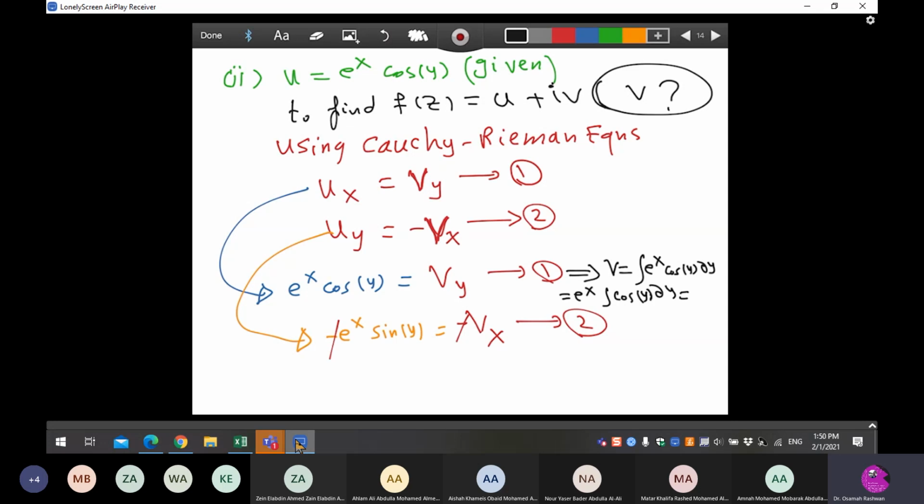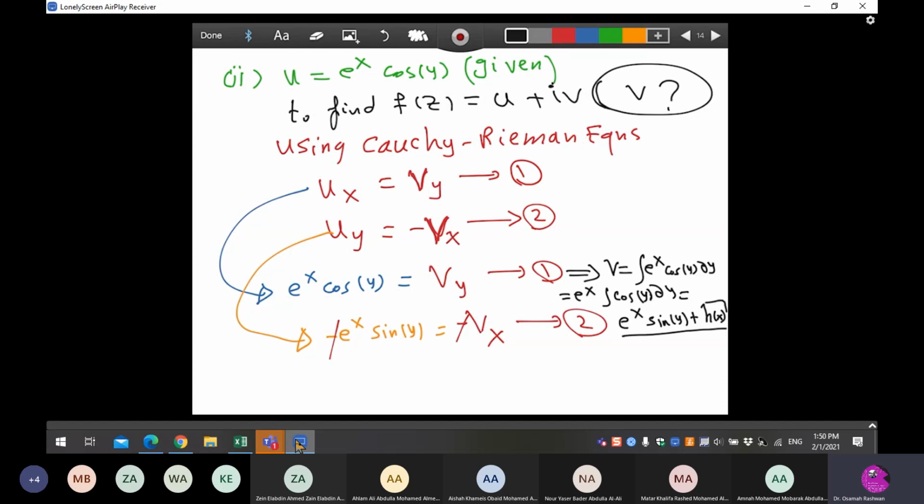The result is e to the x sine y plus a constant. But this constant should be a function of x, because I consider x as a constant when integrating partially.